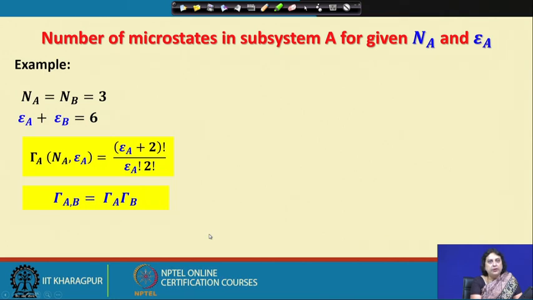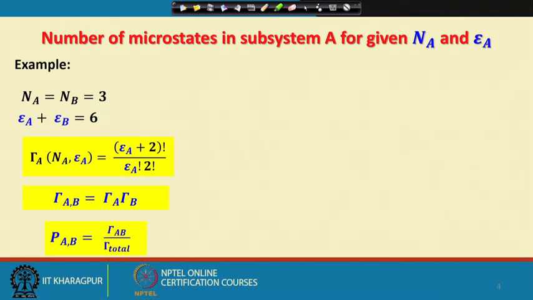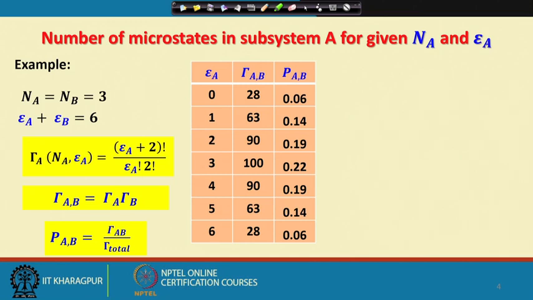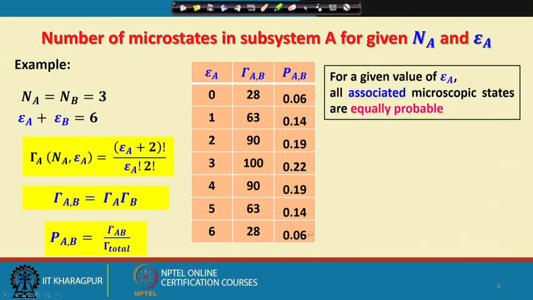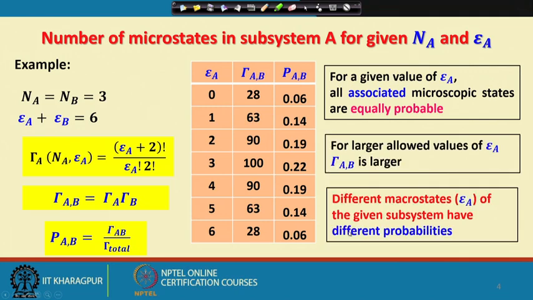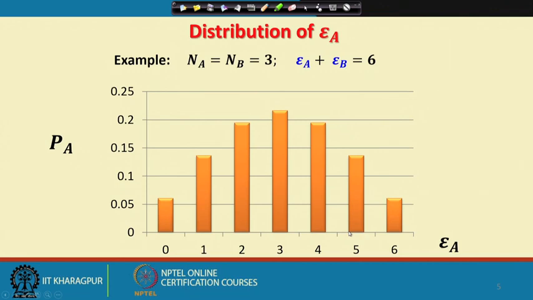Now, when we talk about the composite solid, we have already seen that there is a set of conclusions that we can derive, and these are summarized here in this plot. Along the x axis I am plotting the energy value accessible to the subsystem A, which I denote as epsilon A. Under the given condition, what are the different values of epsilon A possible?